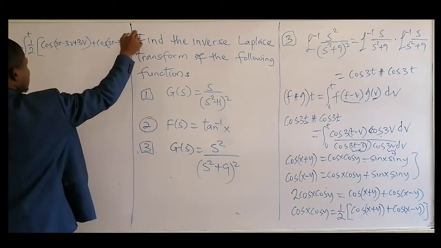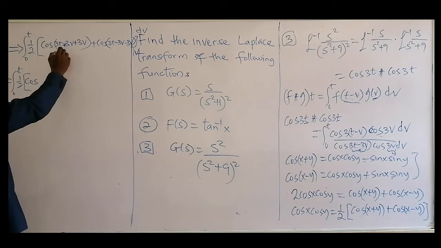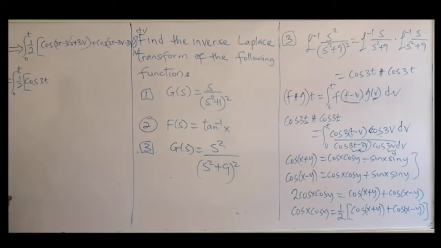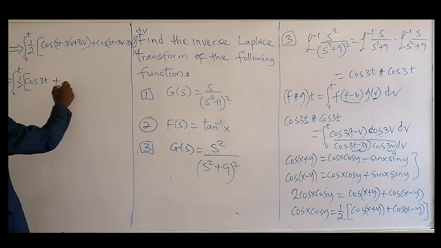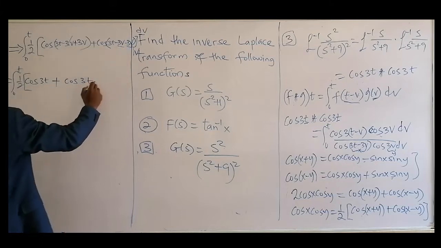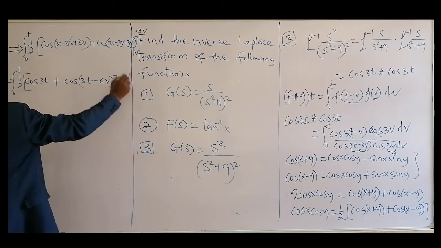Close the bracket and put dv. Now minus 3v plus 3v cancels, so we have cos 3t, plus cos of 3t minus 6v, then dv.